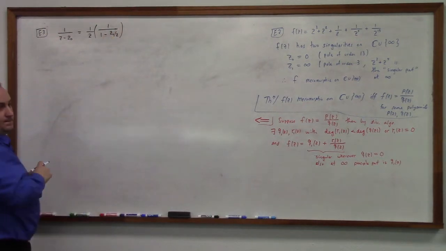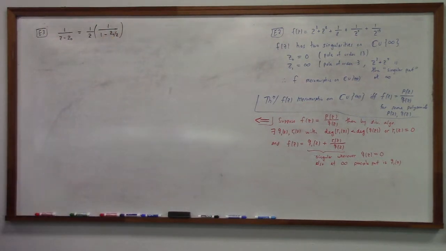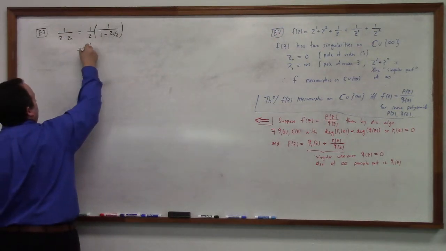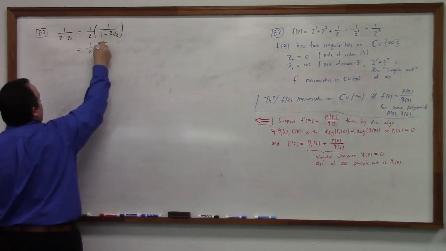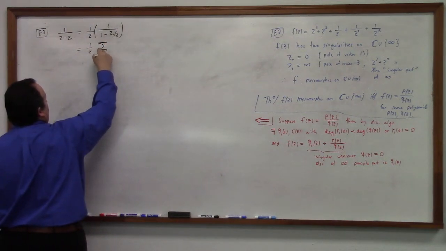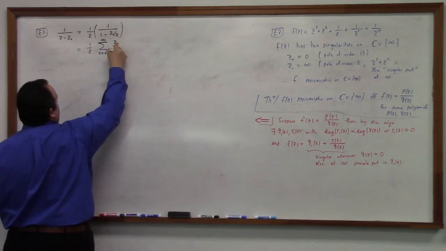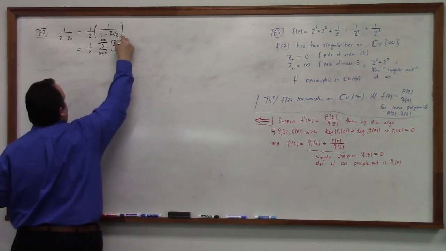Now it looks like a geometric series. So this is 1 over z times the sum, n equals 0 to infinity, of z naught over z to the n power.